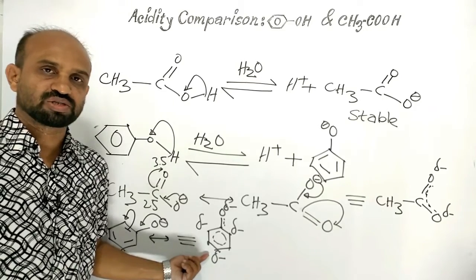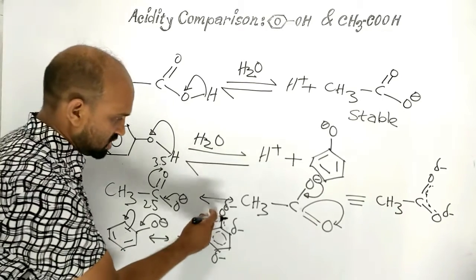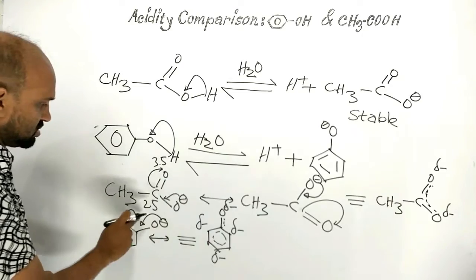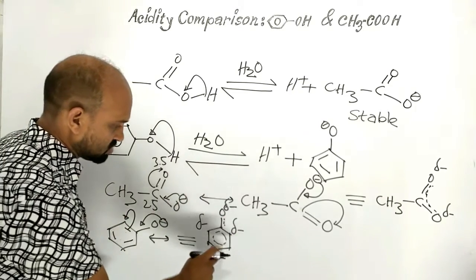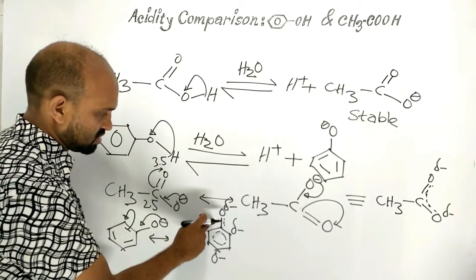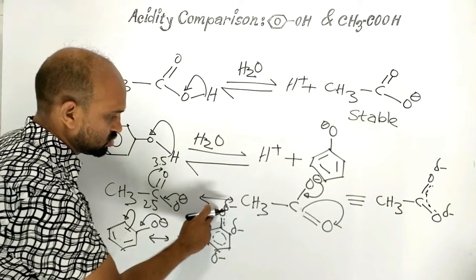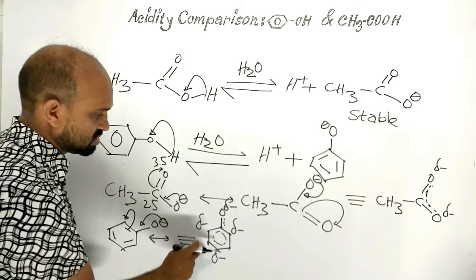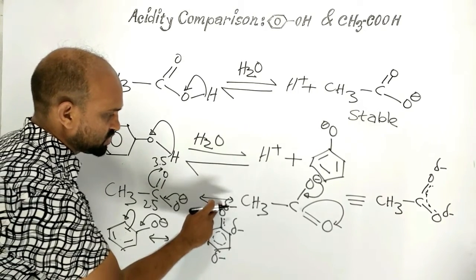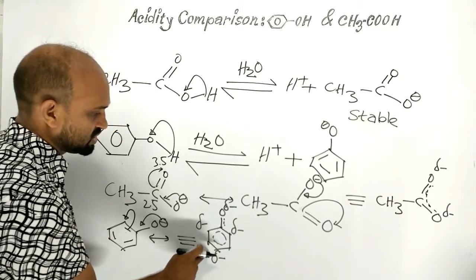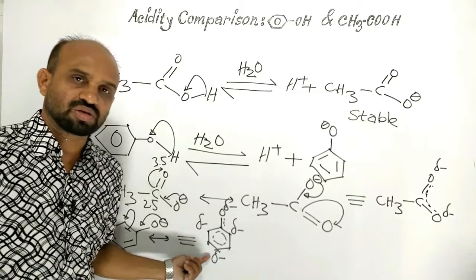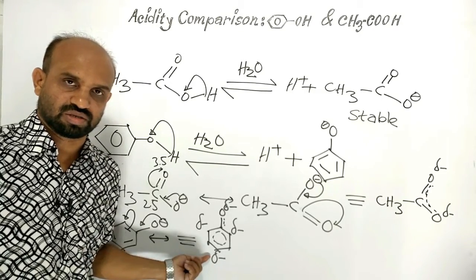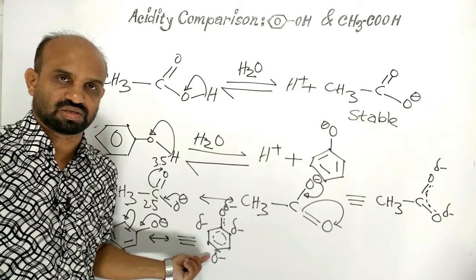In case of the phenoxide ion, the negative charge over oxygen disperses throughout the ion, that is, from oxygen to carbon of the benzene ring. Here the point is the scattering of negative charge from oxygen to the benzene ring, which is not a symmetrical structure, a non-equivalent structure.